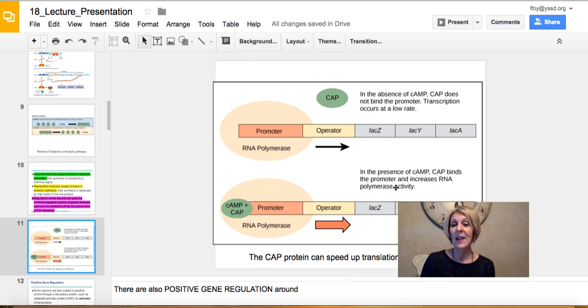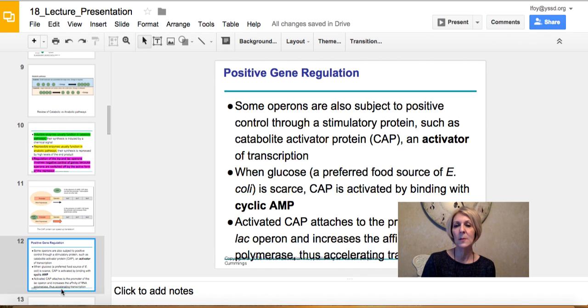It's going to need, in this case, some lactose to be able to be broken down so it can have glucose, so it can make some ATPs. But anyway, what happens is with cyclic AMP, it bonds to this CAP protein and it kind of accelerates the RNA polymerase process. So you see this big arrow here means more transcription. And so that's an example of positive gene regulation, which actually speeds it up.